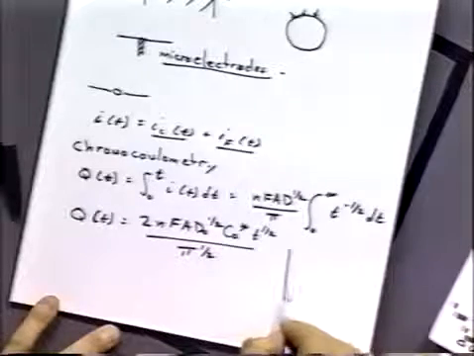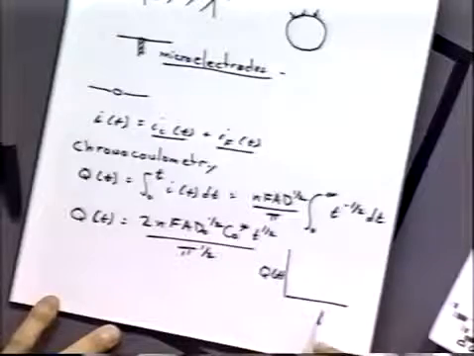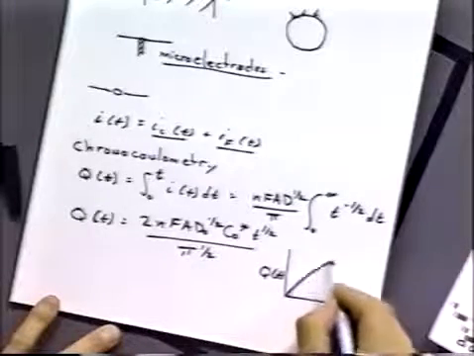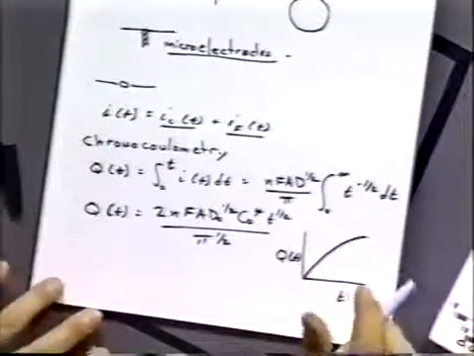And what you get then is a Q-t curve like this. But often what you do is you plot your chronocoulometry experiment like so.